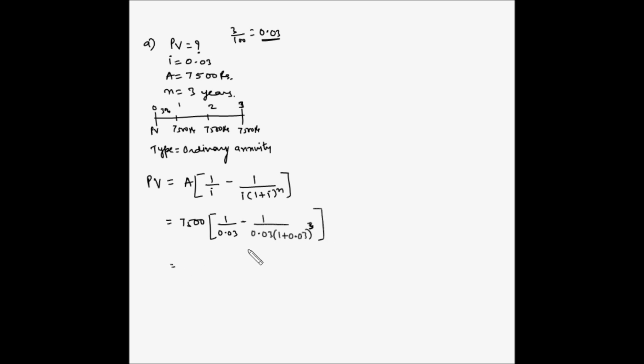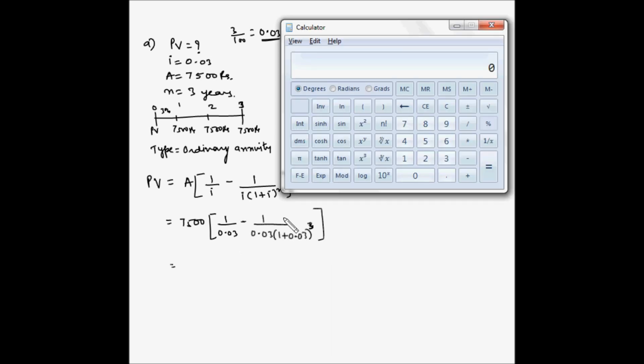So let me pull my calculator here. Let's first solve this part. So 1 plus 0.03 is 1.03 cube. So 1.03 to the power 3, multiplied by 0.03 is equal to this, and then we have to find the reciprocal, because this is 1 divided by this number.